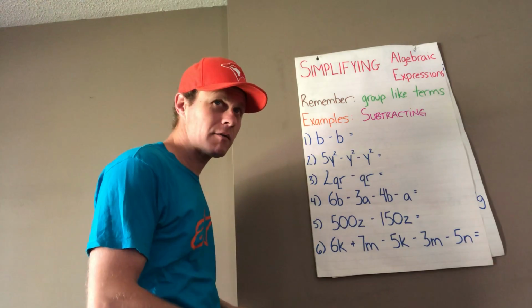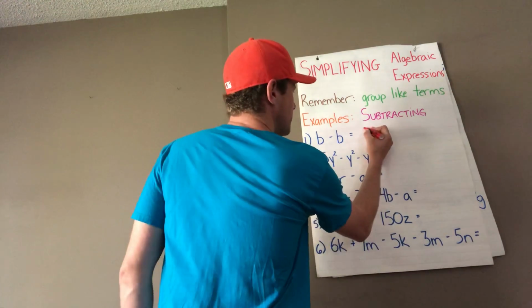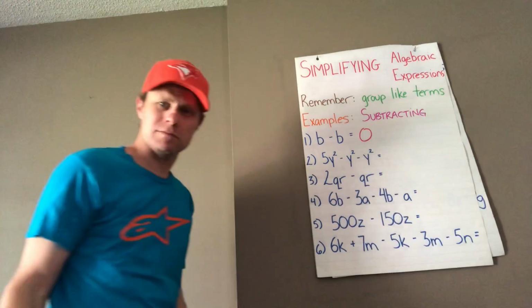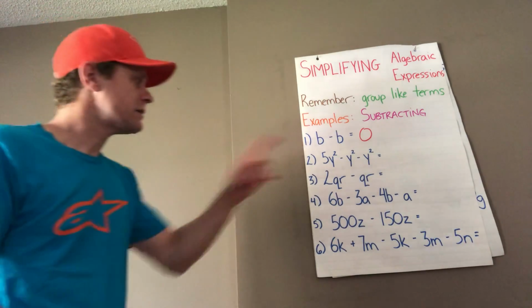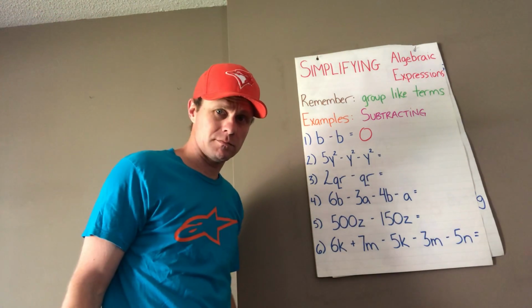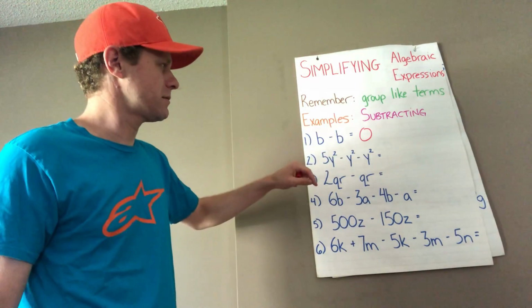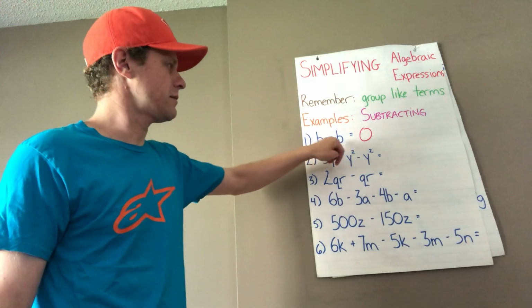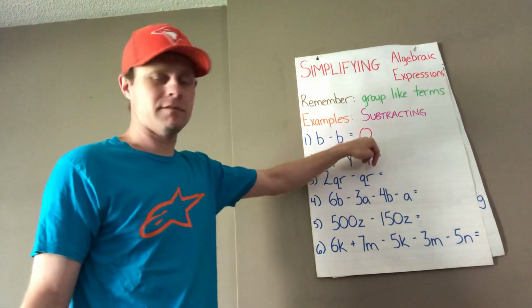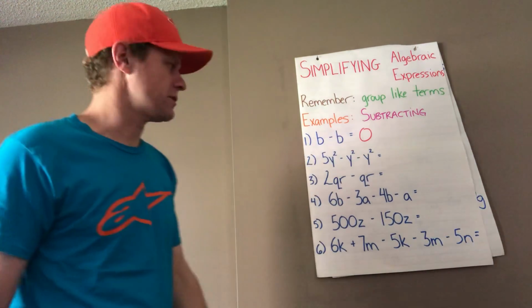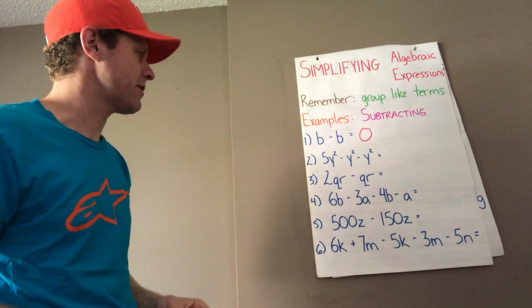What do you think? It's 0. Not 0b, just 0. It's just like if this were a 1. 1 minus 1 equals 0. Okay? Same for the variables.